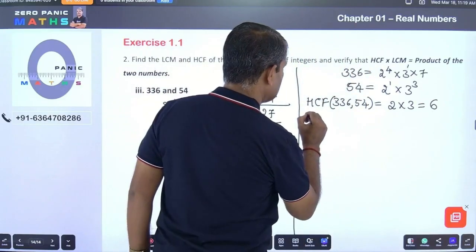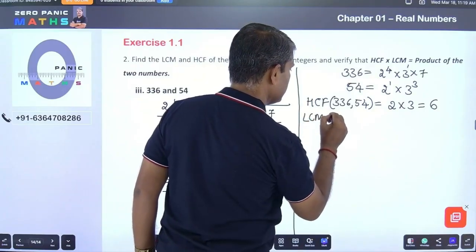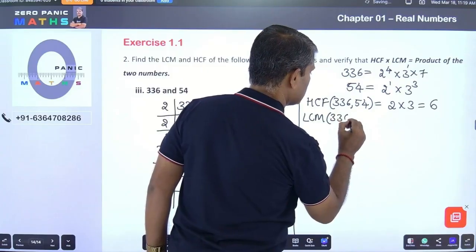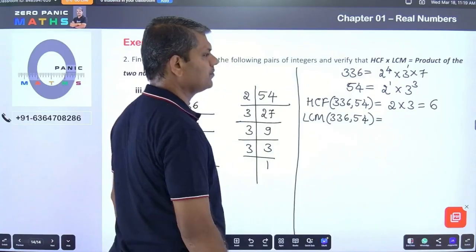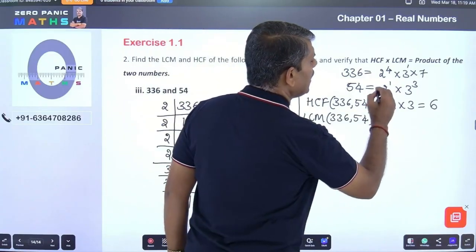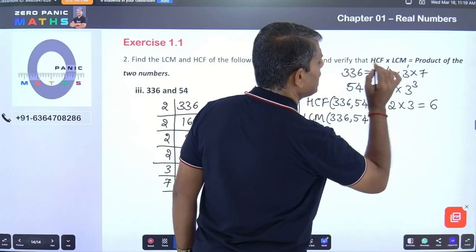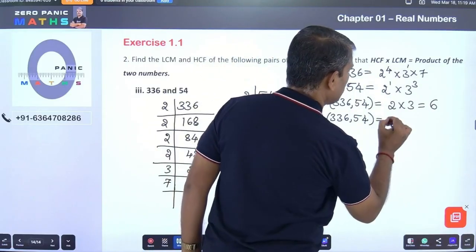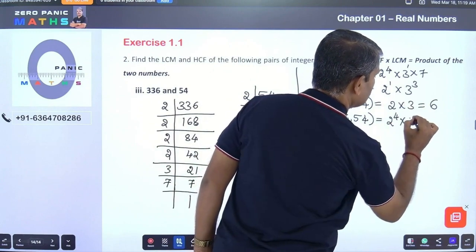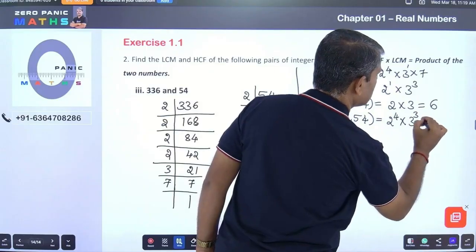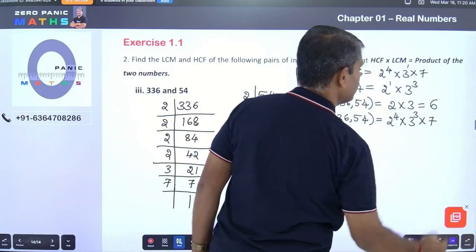Okay, now LCM of 336 and 54 is all factors with highest powers. Okay, highest power of 2 is 2 to the power of 4. Highest power of 3 is 3 to the power of 3, and 7 is 7 only.